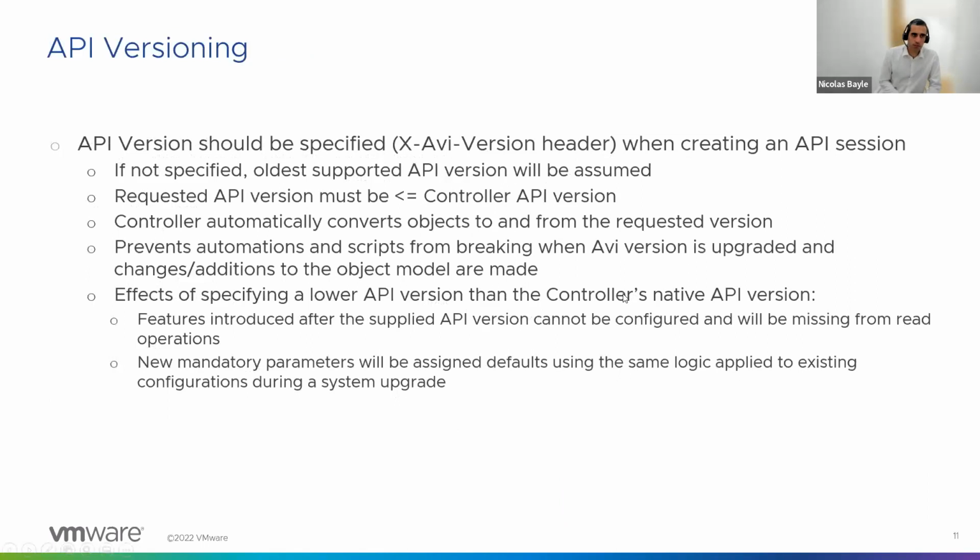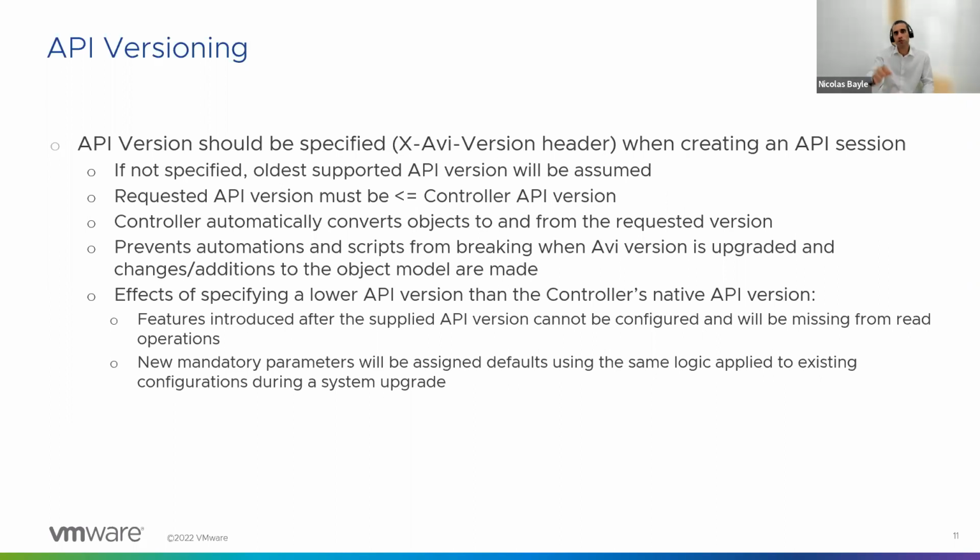We have something quite important to understand when you are creating an API session. There is a header which is called the AVI version header. And this header is very useful because when you specify this header, and this is a mandatory parameter, you are telling your AVI controller which version you want it to behave as.